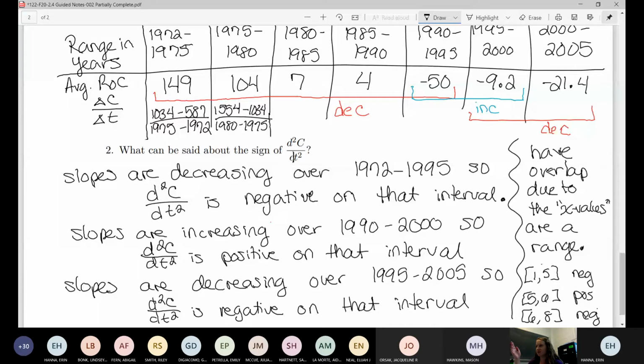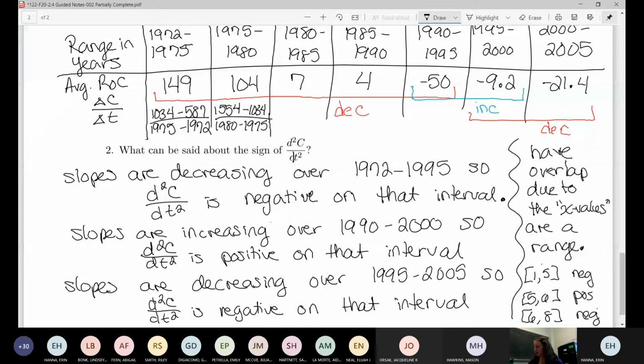But since we don't have singular points as our x values, we have ranges. That's why the overlap seems obnoxiously bad and almost seems like it should just be decreasing everywhere, because we say from 1972 to 1995 and then also from 1995 to 2005. So that's the reason for that terrible amount of overlap.